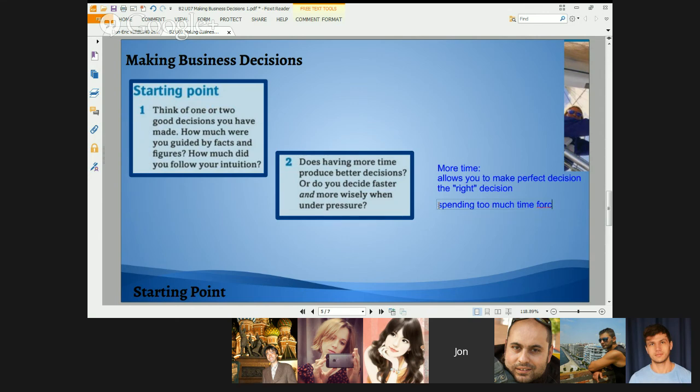So spending too much time forces you to lose something, to lose out. That's a good expression, by the way, a phrasal verb, to lose out. Lose out means to miss an opportunity, right?